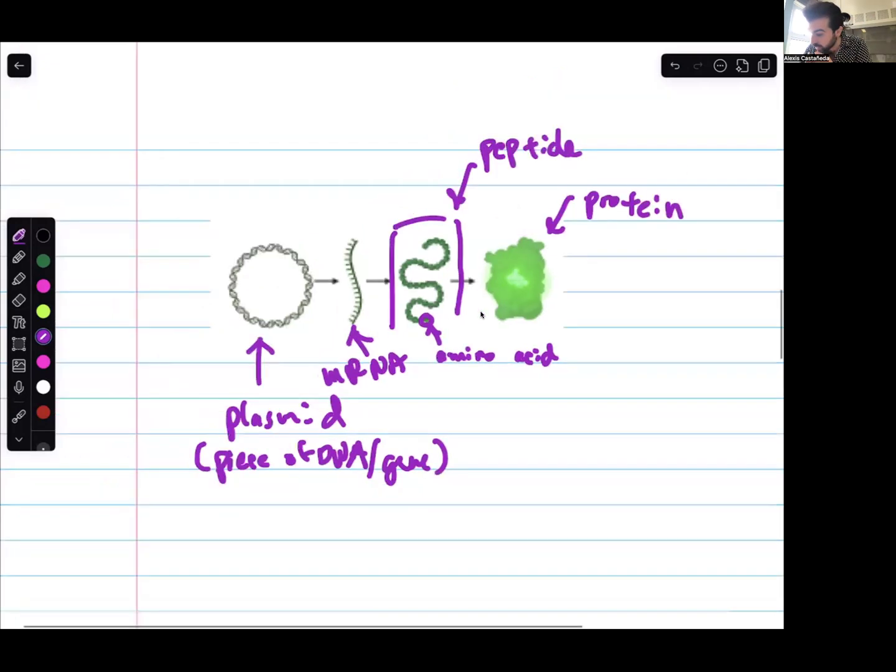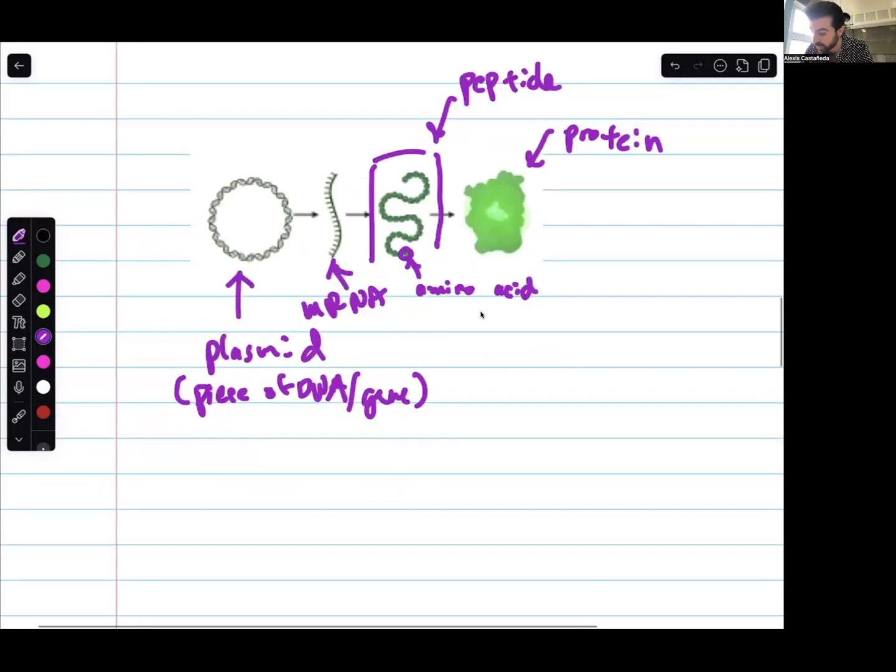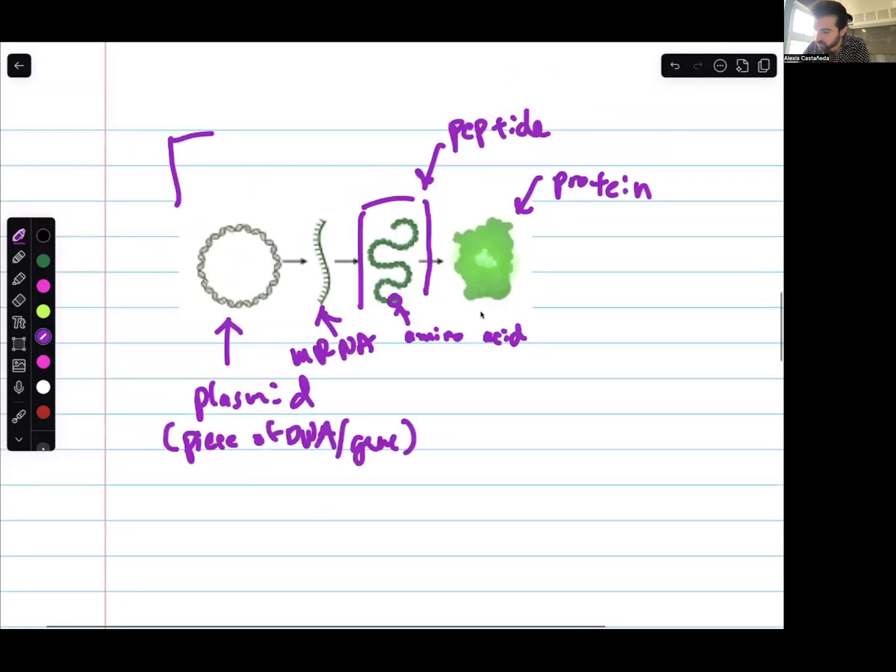So what we're going to do in this lab is give bacteria a plasmid, or a gene, for a specific protein. That DNA during transcription, this part here is called transcription, goes from DNA to mRNA, and then translation.